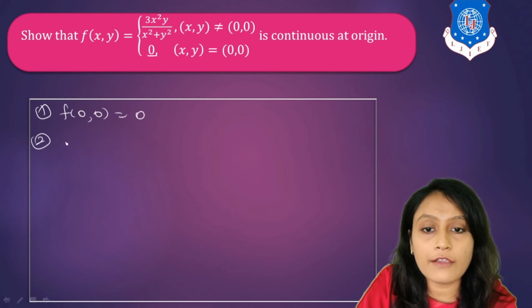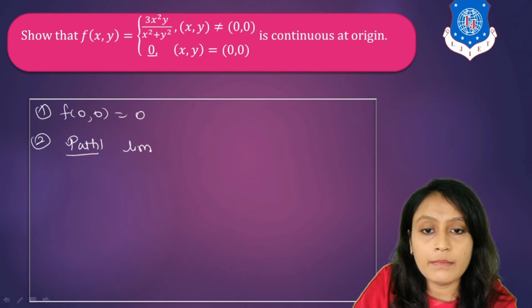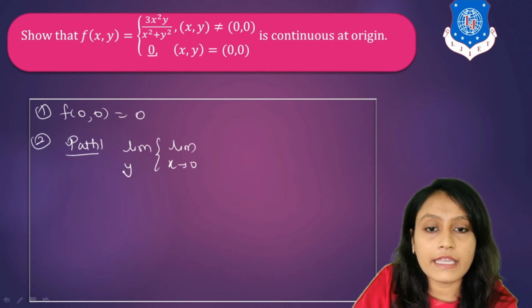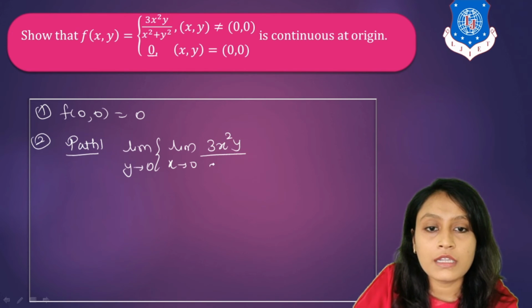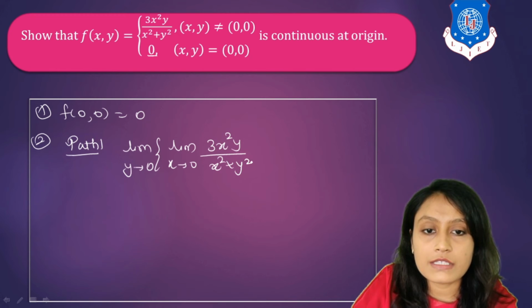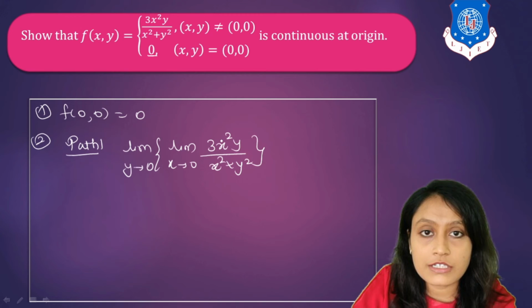For that we have to apply the paths. So firstly we'll write path 1. Firstly we will apply the x limit and then the y limit. The function is given, that is 3x square y upon x square plus y square, correct? Now first in place of x just write 0, so the numerator is 0, therefore this whole term is 0.